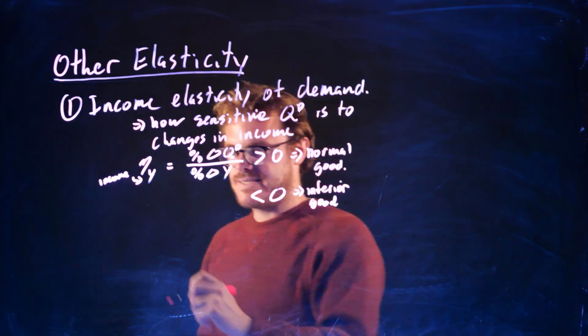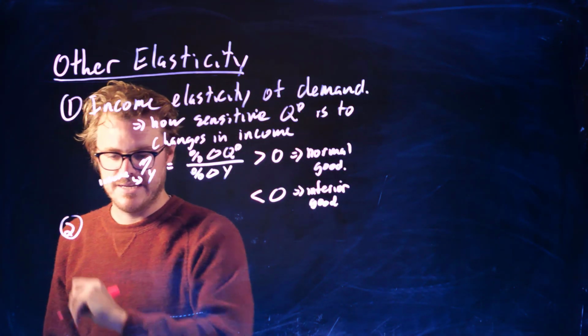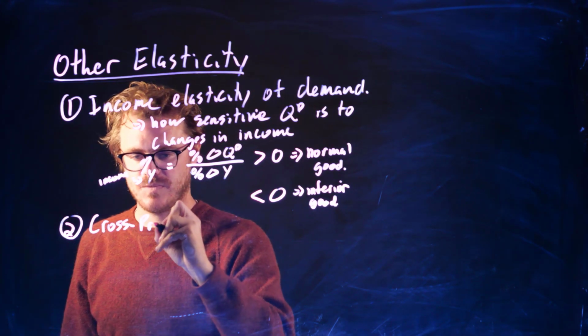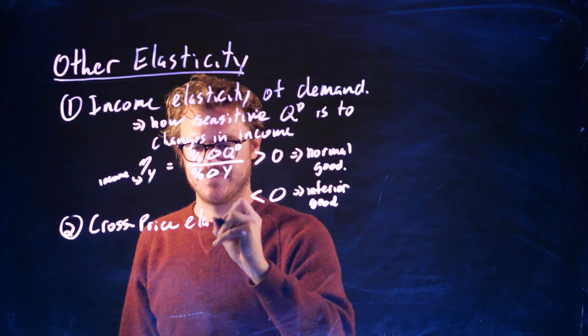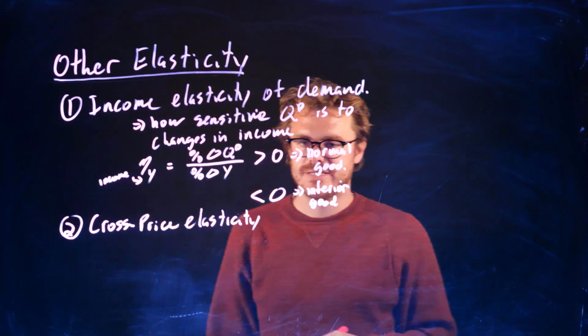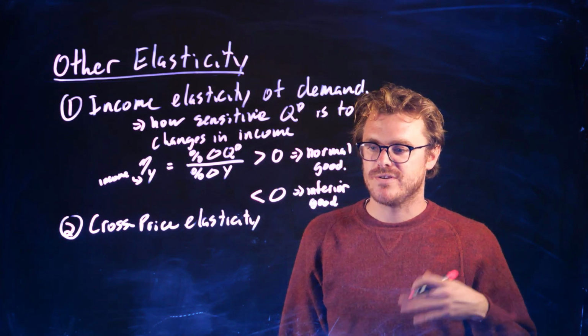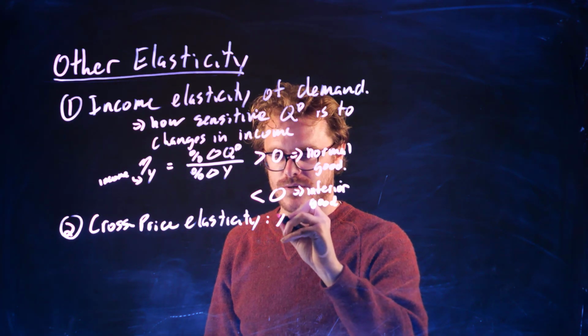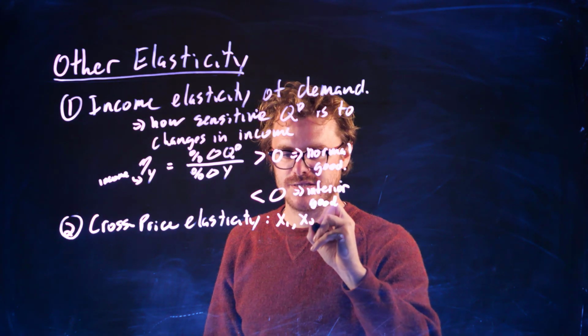The second is going to be the cross price elasticity. This is going to measure the responsiveness of the quantity demanded of one good to the price of another. So let's imagine we have two goods, X1 and X2.